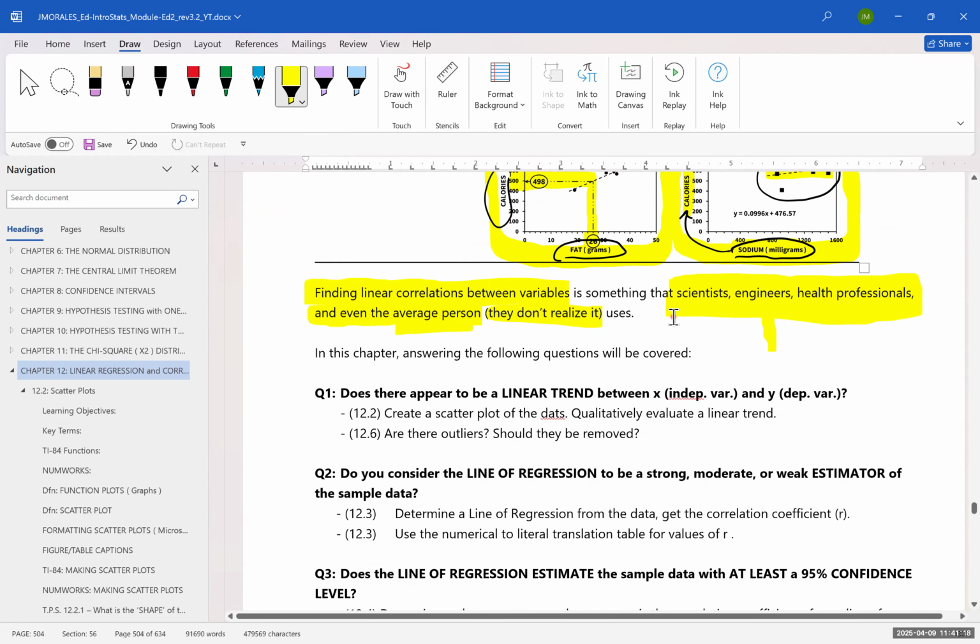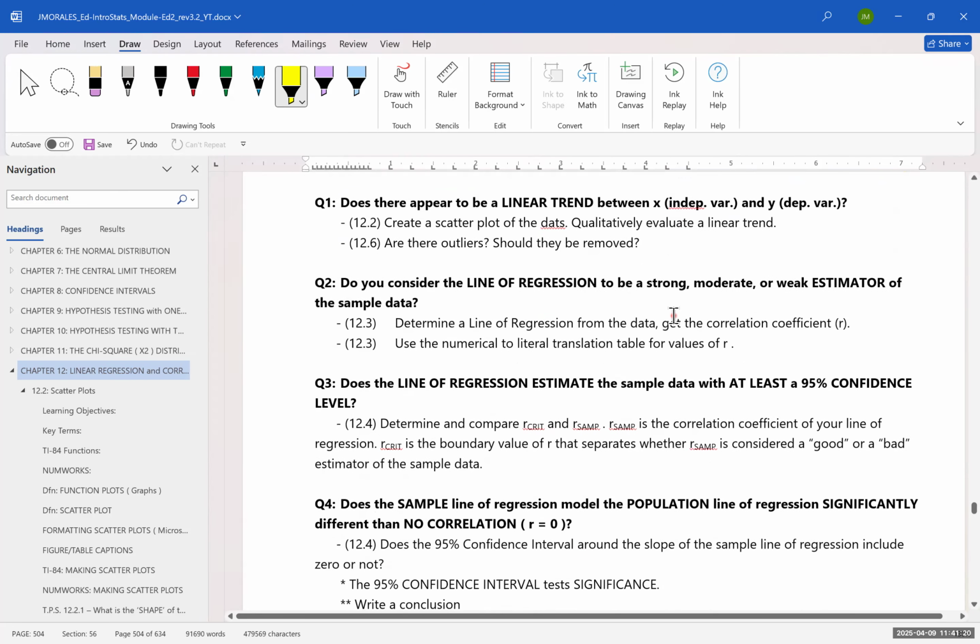So there are these four questions that we're going to be answering in chapter 12 as we go along. Question one is, does there appear to be a linear trend between X and Y, the independent variable and the dependent variable?